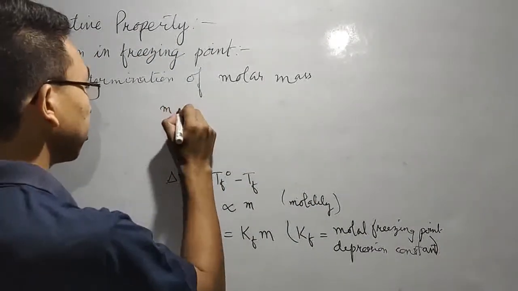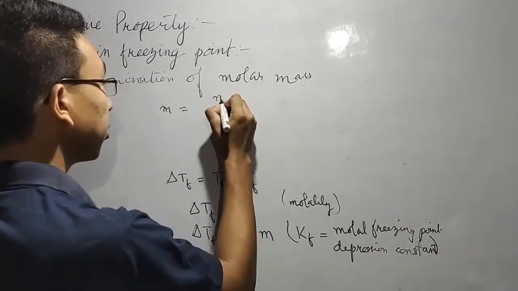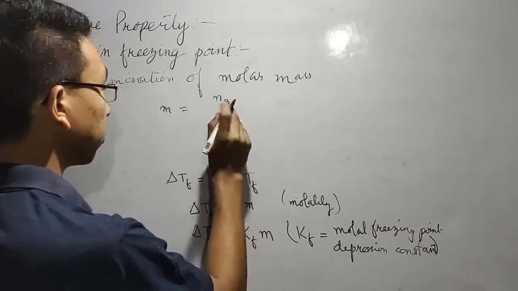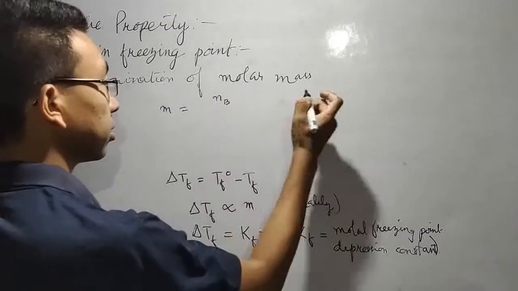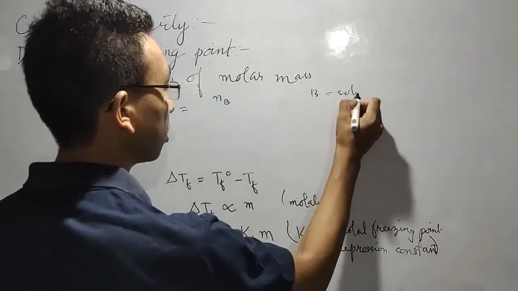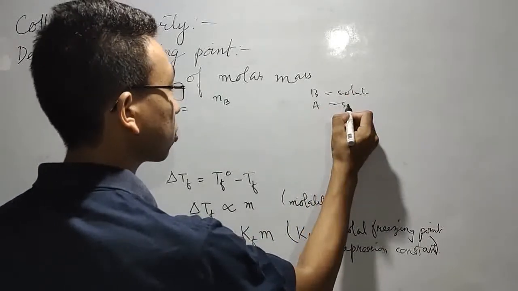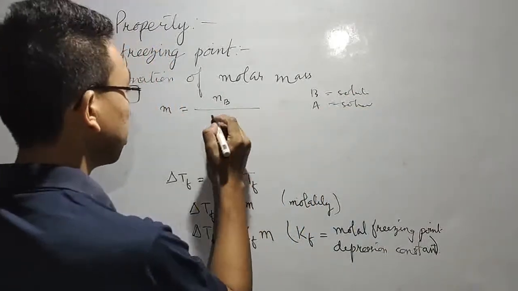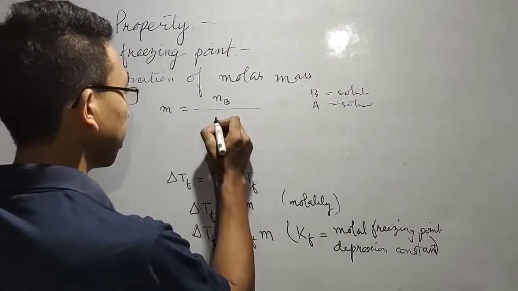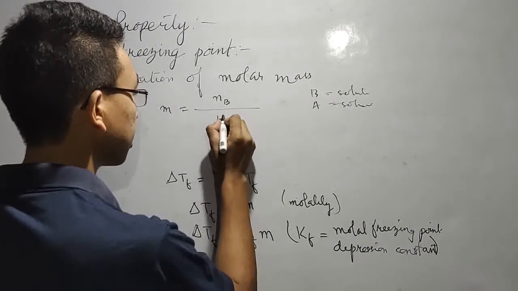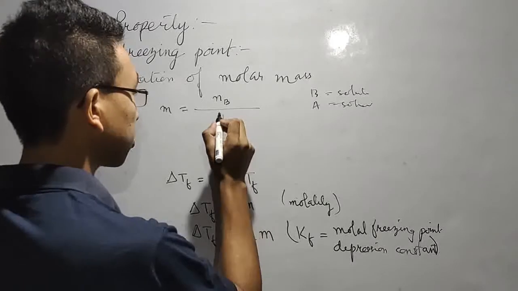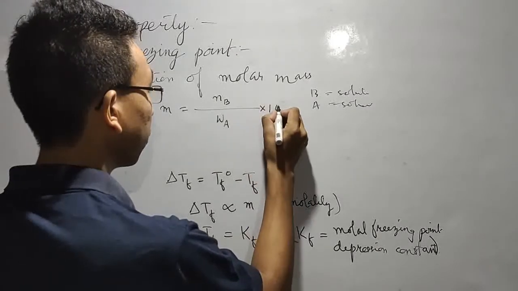We know that molality is equal to the number of moles of solute, taking B as the solute component and A as the solvent component, divided by the mass of solvent WA multiplied by 1000.